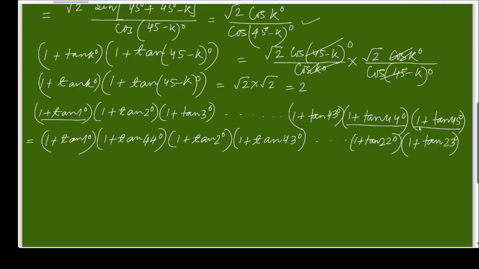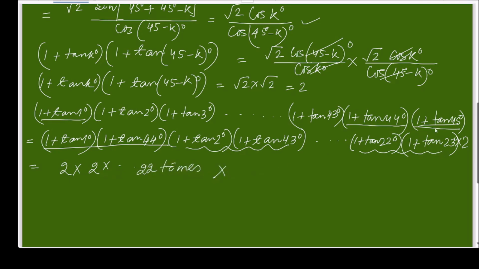Of course 1 plus tan 45 is 2, I am replacing by 2. This gives you 2. Next pair gives 2. So how many times will we go? Here it will be 22 times, up to 22 times.